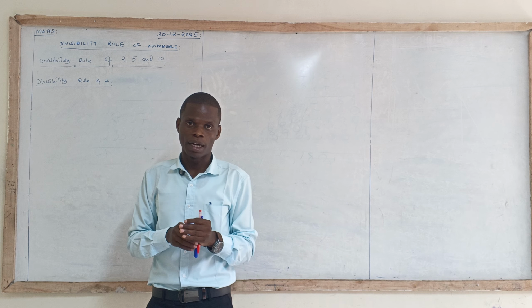So what can we say? Let us write and say: a number is divisible by 2 if the last digit is even.